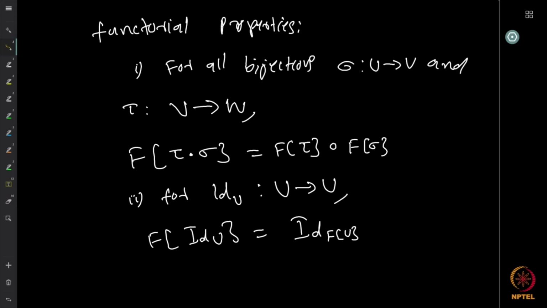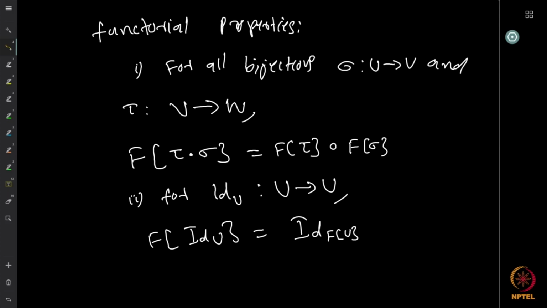Now what does F[τ] do? It takes elements of F[V] to F[W]. Therefore the transport must be composed this way. And for the identity on U, U going to U, F[id_U] is equal to id_F[U].